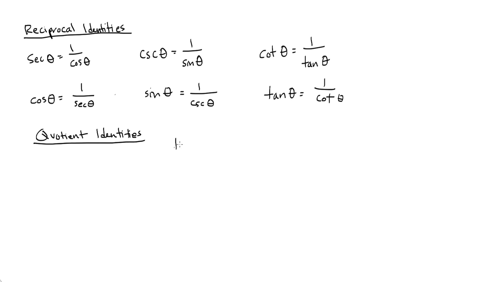But isn't the y coordinate our sine value, and our x value the cosine value? So tan is equal to sine over cosine. And since cotan is the reciprocal of that, cotan is cosine over sine. So there are 2 quotient identities that we can use.